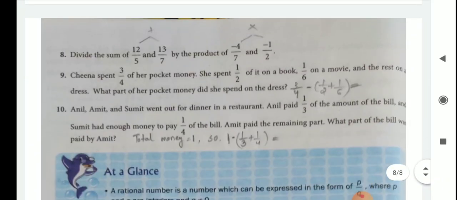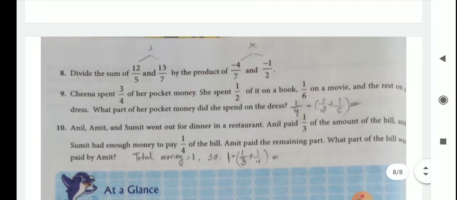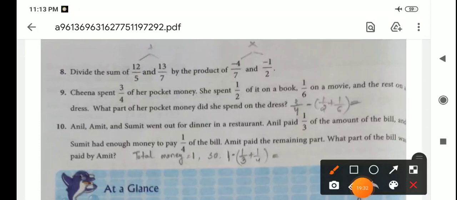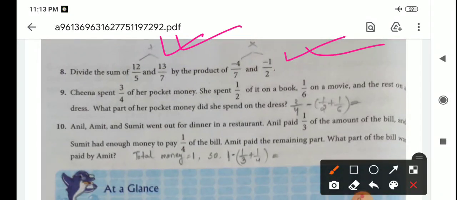Then comes number 8. Divide the sum of. Here children, first what do we do? First you find the sum, which means first you add. Then the product, which means here you multiply. Okay, then whatever results you get, these two, then you divide.